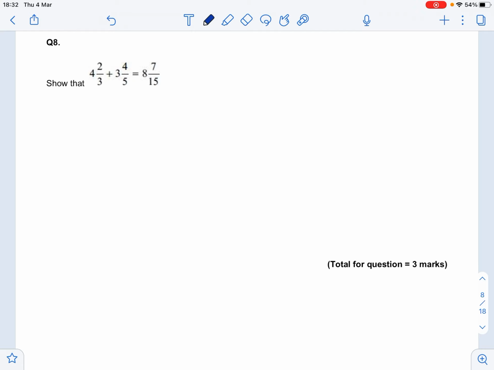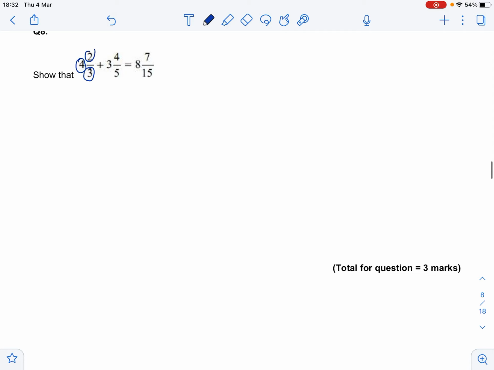So question 8. Firstly, we're going to convert. There are two methods. One way is to convert them into improper fractions. To convert the mixed number into an improper fraction, we multiply the whole number with our denominator and then add our numerator.